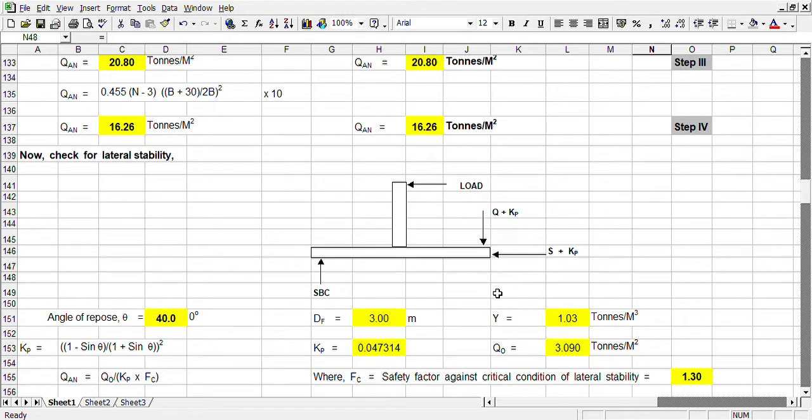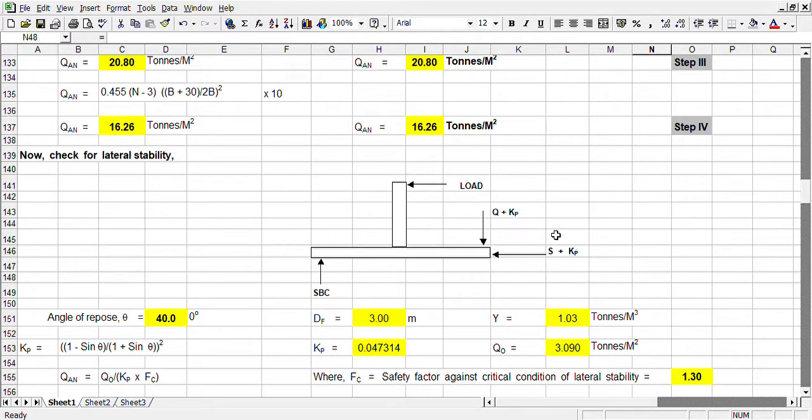Yes, our design is based on Q by A plus minus M by Z. This is another issue, but there is another equation; we can check the lateral stability also.